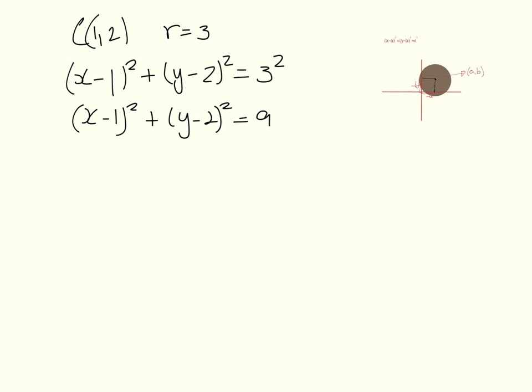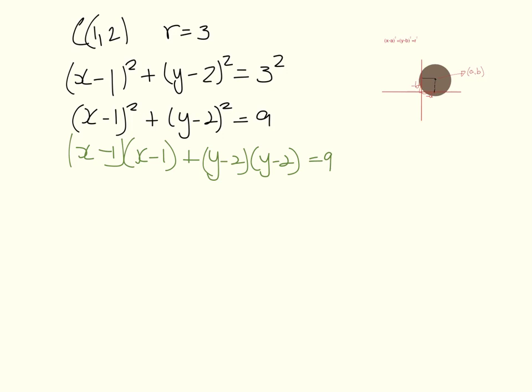If you had to go through the stress of expanding it, I'll just quickly write that out. You have to expand this bracket and expand that bracket. Now, bear in mind before you do that, expanding this bracket actually means x minus 1 multiplied by x minus 1. Don't just square the x and the 1. Same thing for this bracket on the end here. It actually means y minus 2 and y minus 2, and that equals 9.